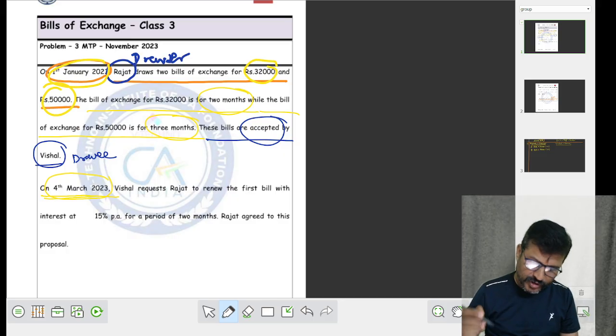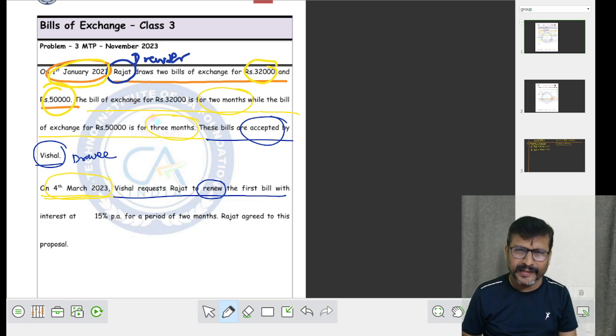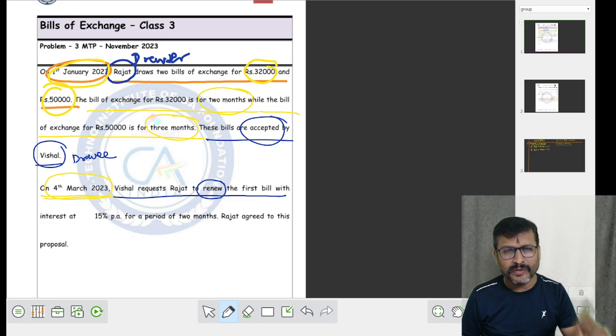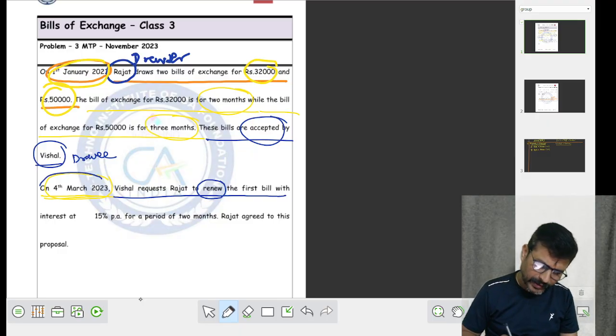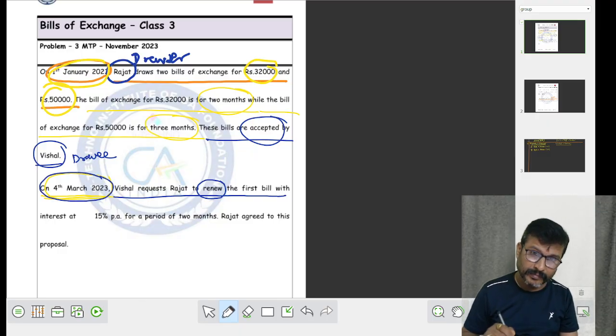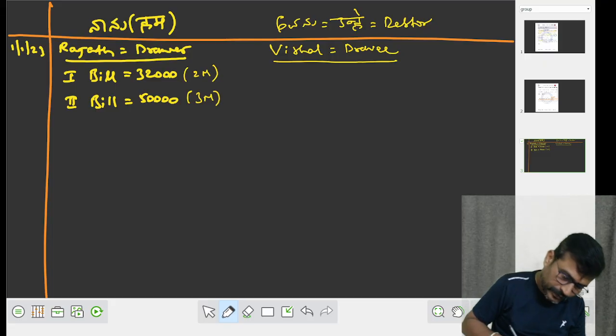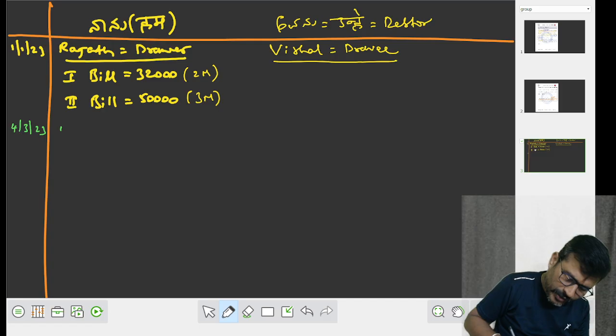On 4th March 23, what happened? Vishal requested Rajat to renew the bill. Renewing means cancelling the old bill. When? On 4th March 23.